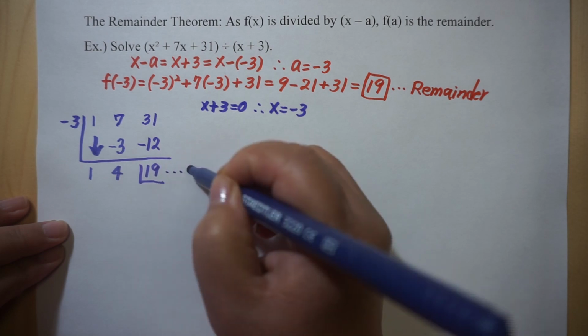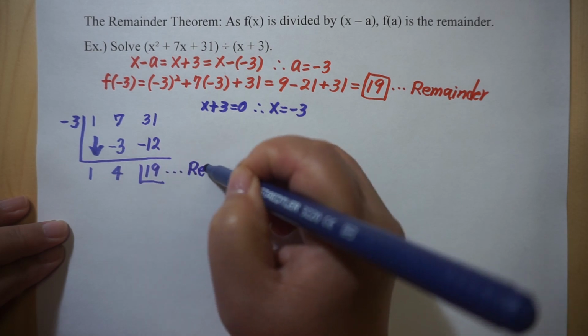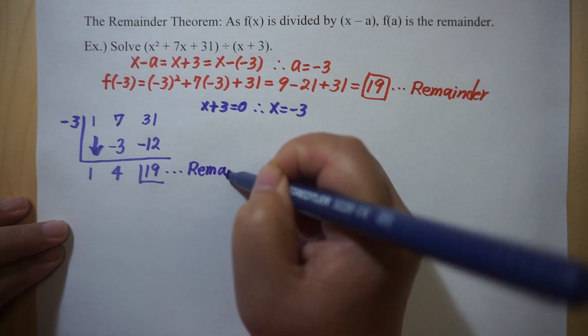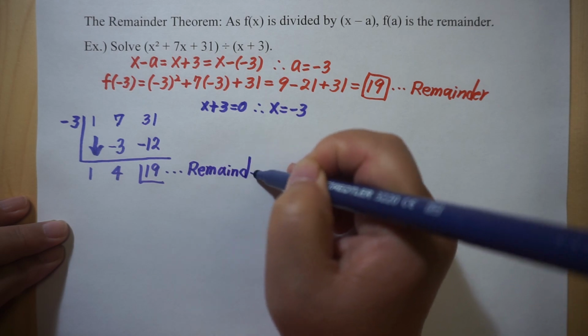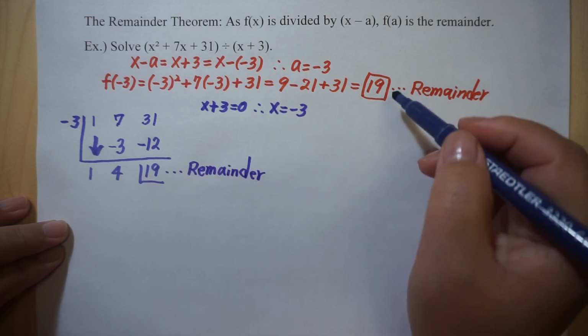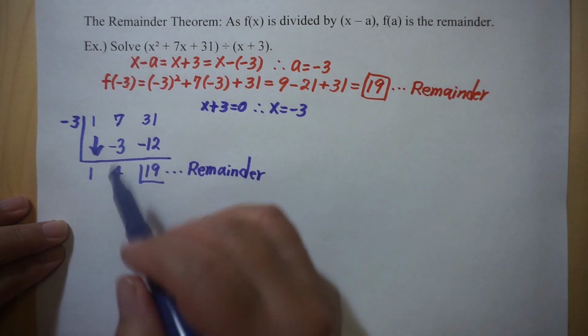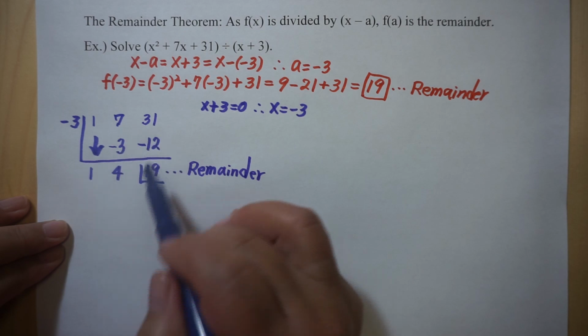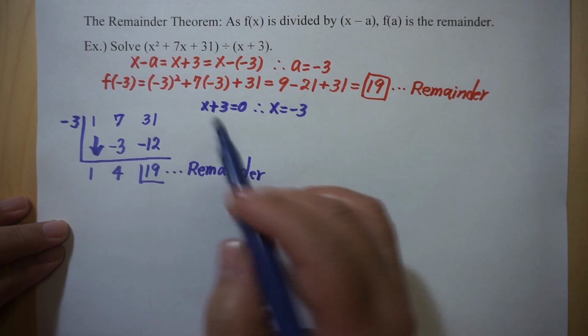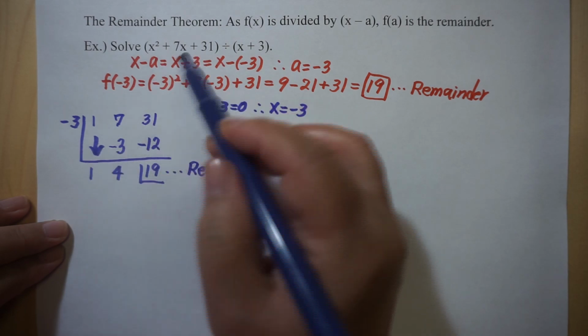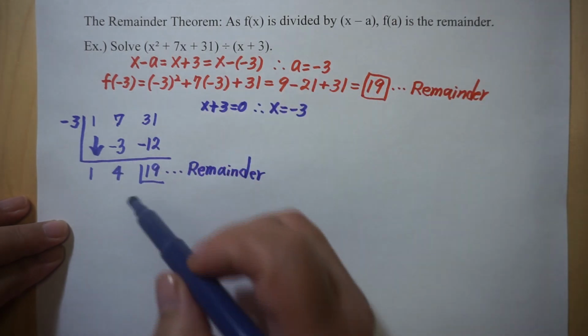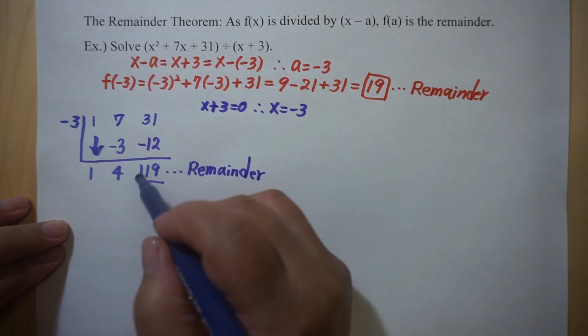So this is the remainder. And it's the same remainder as here because we calculated correctly, and also because it's the same problem. The remainder is 19.